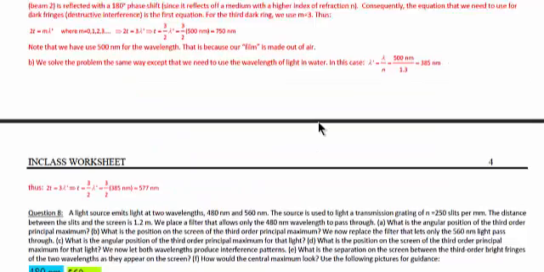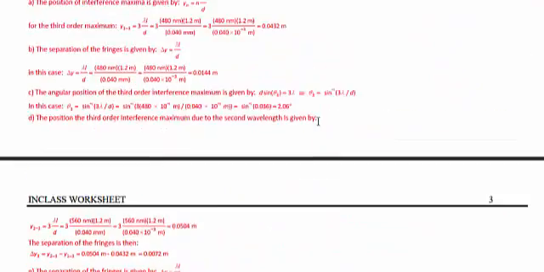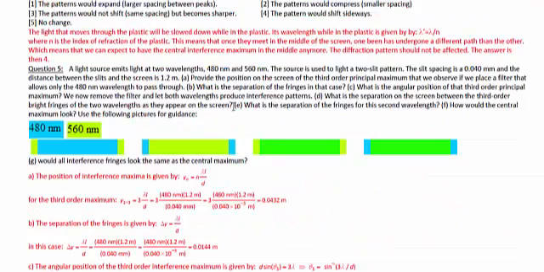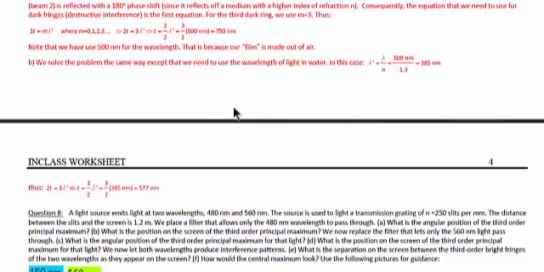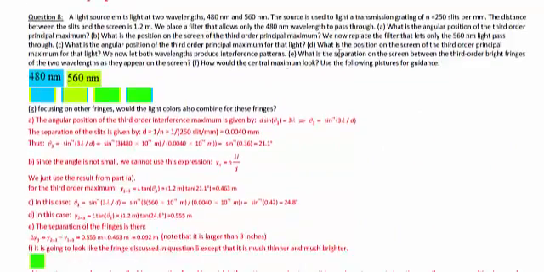Again, it's very much like this question here. The difference is we have a grating instead of a double slit. Because of the grating, we have to calculate what d is instead of it being given.